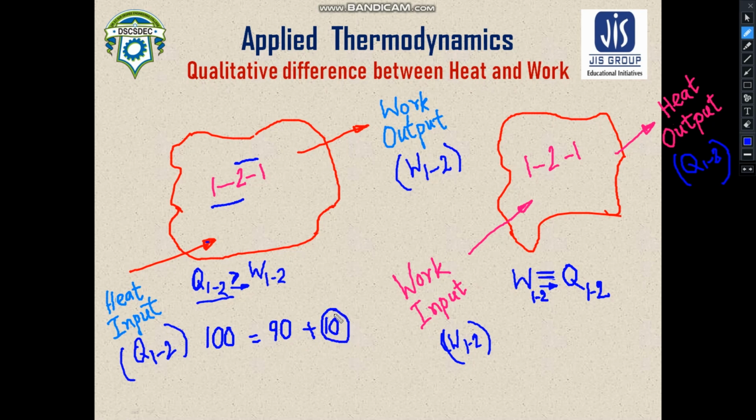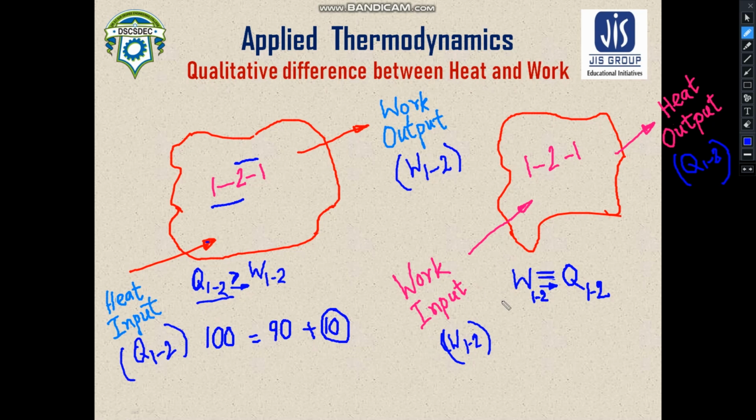And in all thermodynamic processes where heat is the input, heat cannot be completely converted into work. Some amount of heat will always be rejected. So this needs to be understood clearly. There will always be some amount of heat rejection.